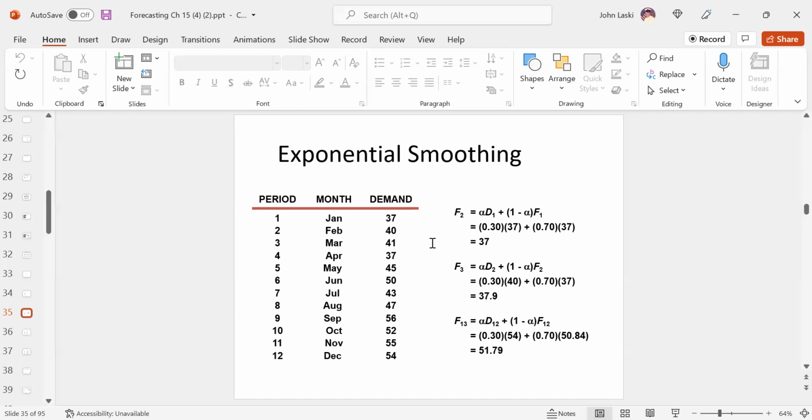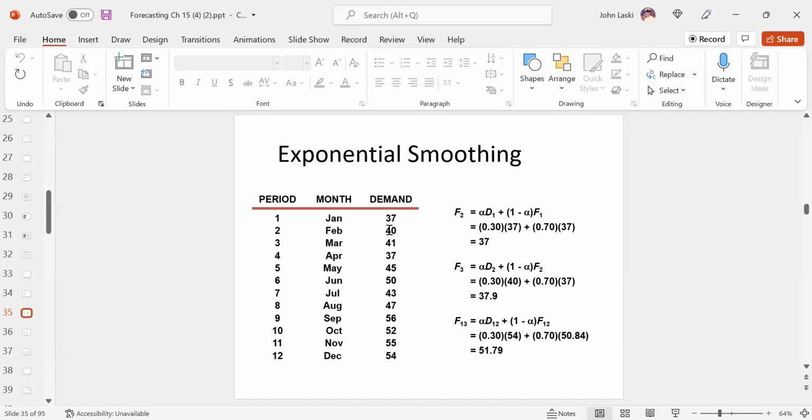So we are now starting our column of forecasts here. So our forecast for period 2 is February. Our forecast, and remember, we're doing this at the end of January. So at the end of January, our forecast for period 2 is 37.